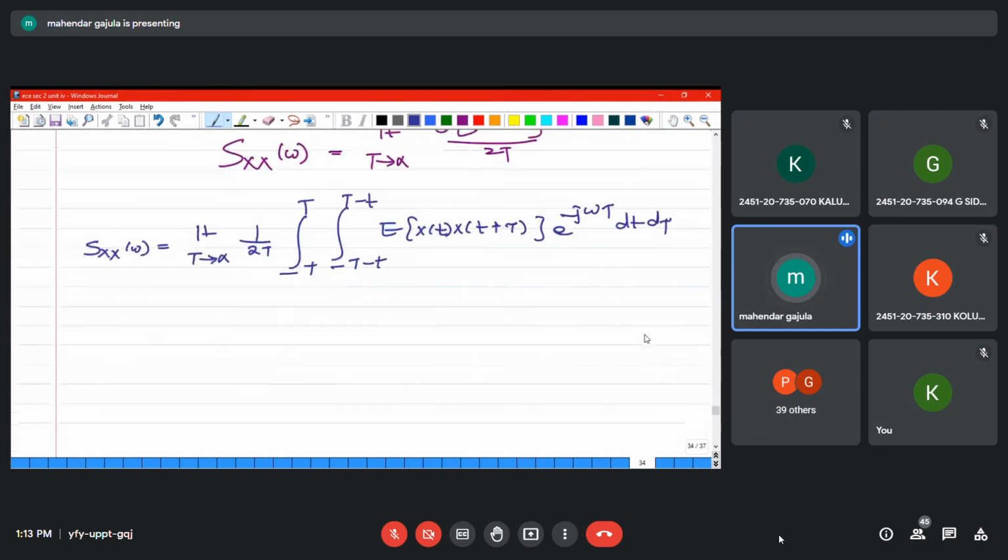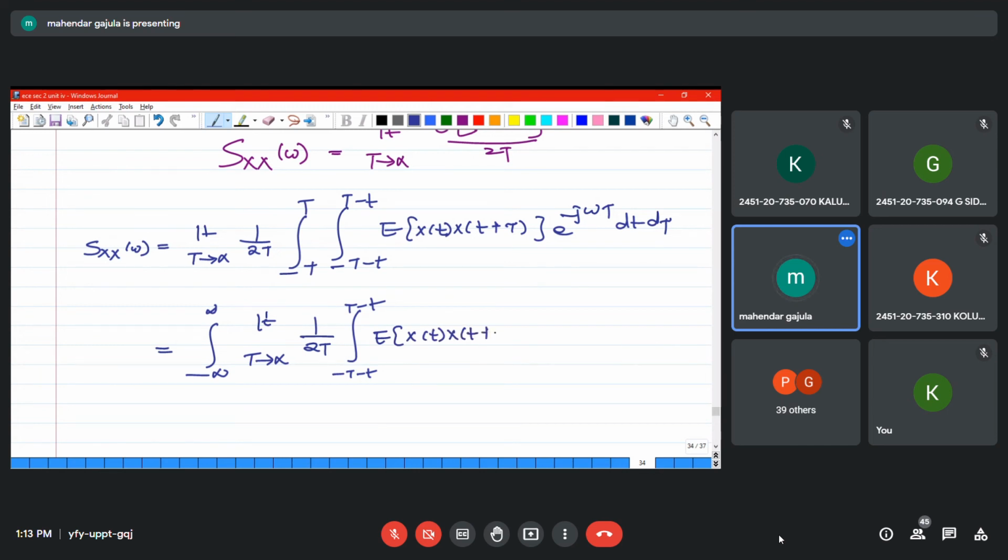I am arranging it in another way. Integral from minus infinity to plus infinity, limit T tends to infinity 1 by 2T integral from minus T to T. Here the limits are not important; you can take minus infinity to plus infinity, dt.